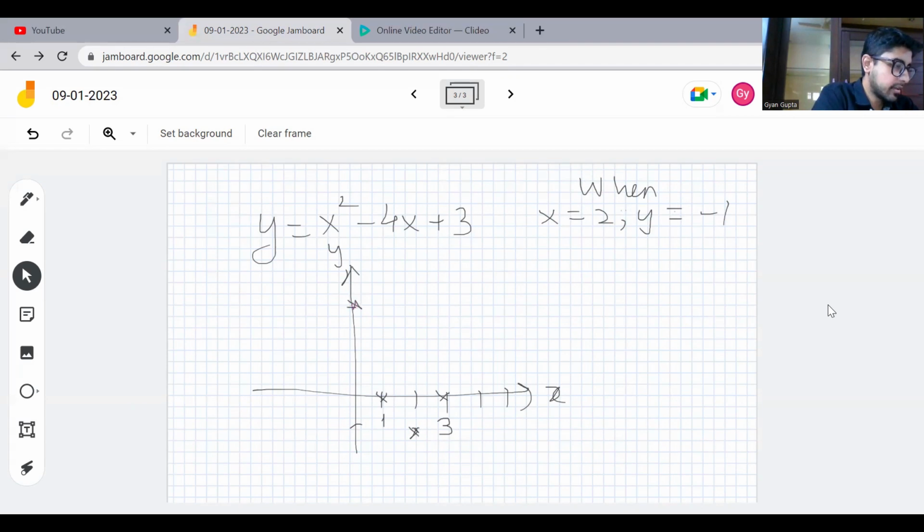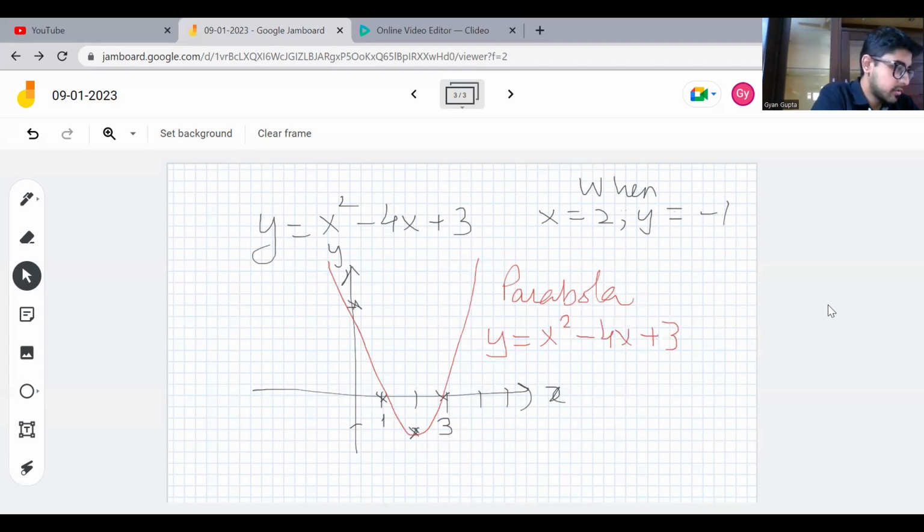If we go on plotting like this, what we will get is a graph like this. This graph, the red line, is called a parabola. Any point on this parabola satisfies the equation y is equal to x square minus 4x plus 3.